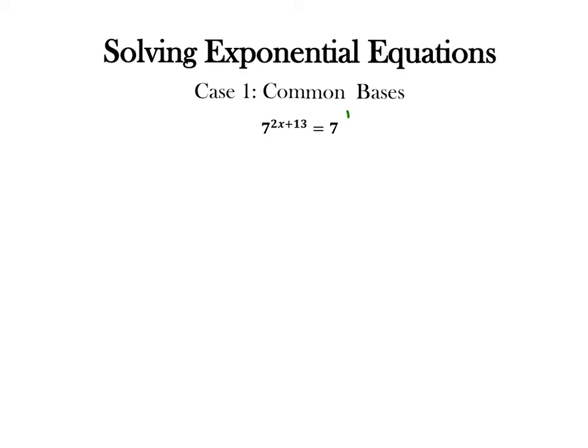When we said that we had a log equal to another log, if the logs have the same bases, then the value inside the logs are also equal. So here, using the similar property, equality of exponential equations, we're going to just set the exponents equal to each other. We can ignore the 7s because they're the same bases.